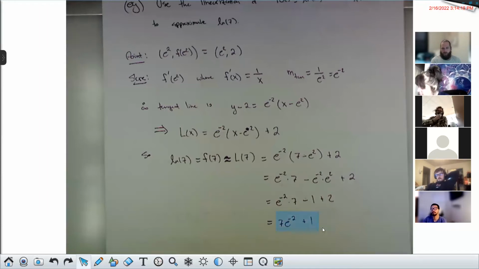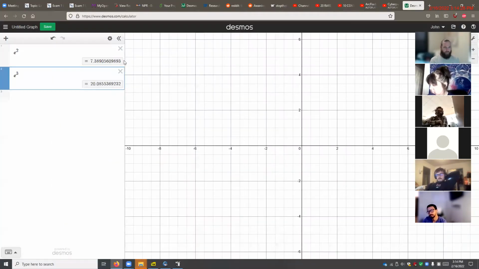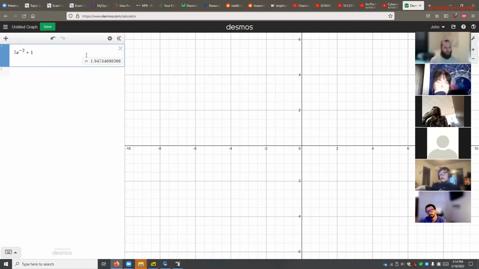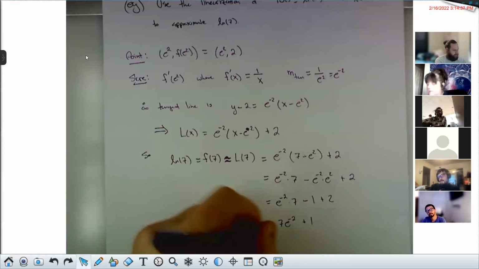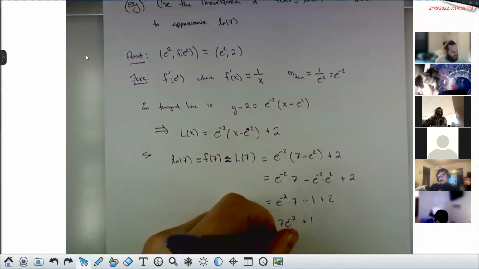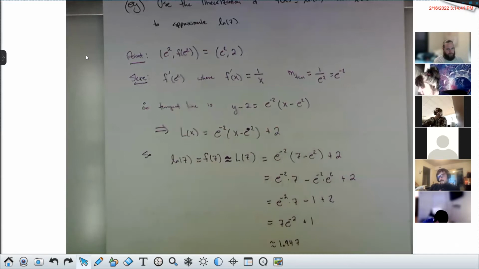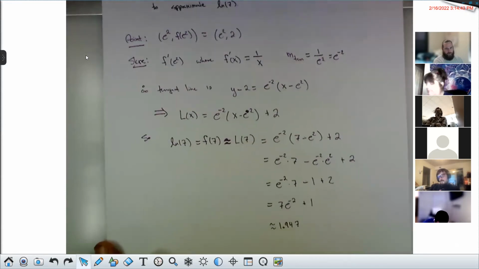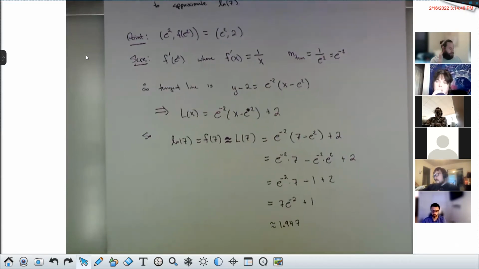So this is going to be very, very close to 2. 7 e to the negative 2 plus 1, yeah, 1.947-ish. But definitely the fun versions of these problems are the ones where you're able to get a really good feel for the size of the thing without having to resort to any calculator work.